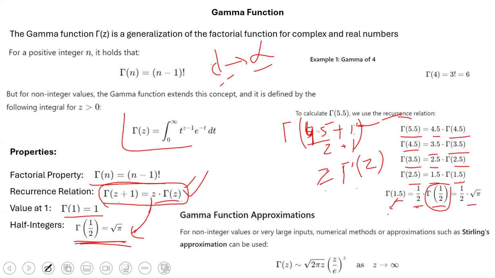So gamma of 1.5 is 1 by 2 times root pi. Apply this value back here, and that becomes the value of gamma of 5.5. That is how we solve complex non-integer values. Understood? This is very important because this is what we use in derivations.